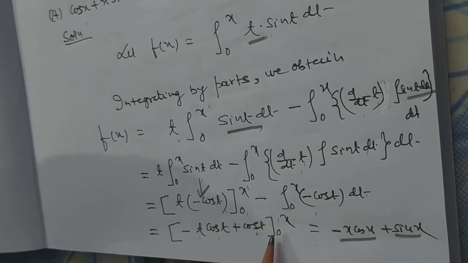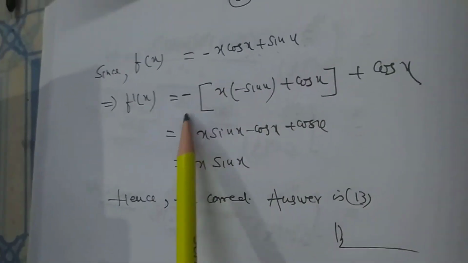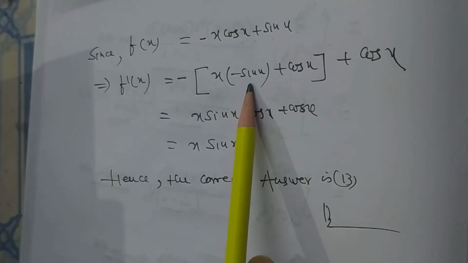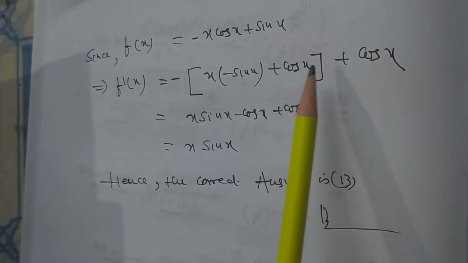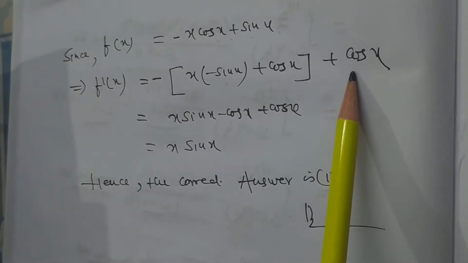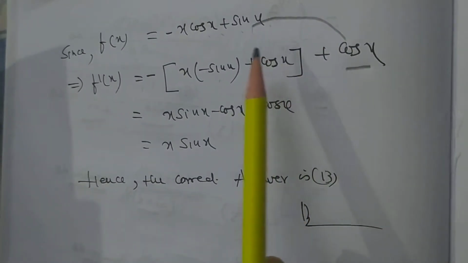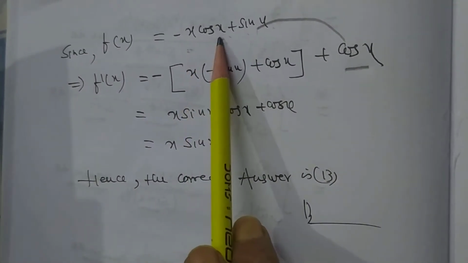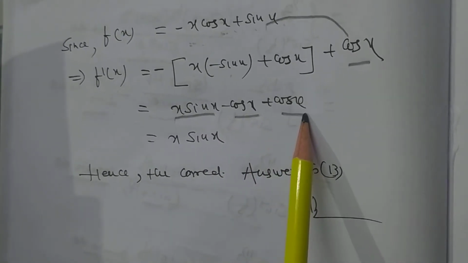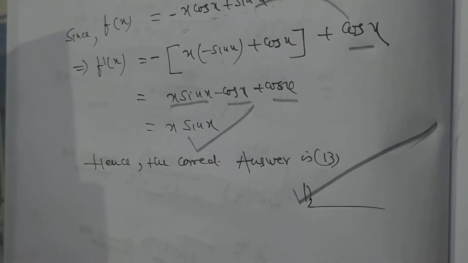So now the value of f(x) is equal to minus x cos x plus sin x. f dash x is equal to minus x d by dx of cos x plus cos x d by dx of x, plus the differentiation of sin x, which is cos x, and we differentiate by the uv formula. So it will be x sin x minus cos x plus cos x. So the answer is x sin x. So option B is correct.